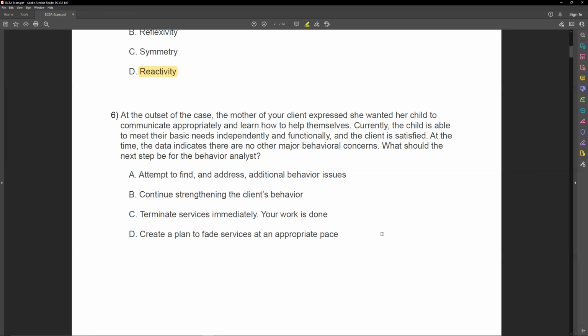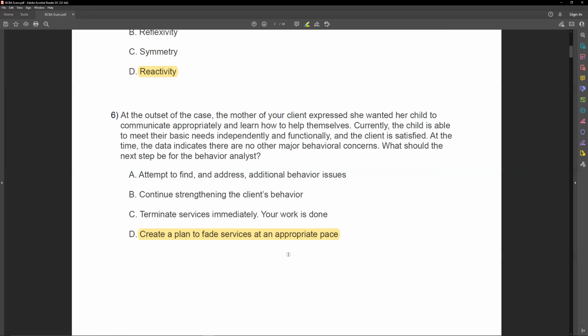So B is out. C, terminate services immediately. Your work is done. Well, your work might be done, okay, but we never abandon clients. We never just terminate immediately. We give them proper notice, okay? So that leaves us with D, create a plan to fade services at an appropriate pace, all right? Once you've accomplished what you set out to do, and there's nothing else to address, we want to create a transition plan, okay, a discharge plan, where within 30, 60, 90 days, right, we effectively transition away from our services.